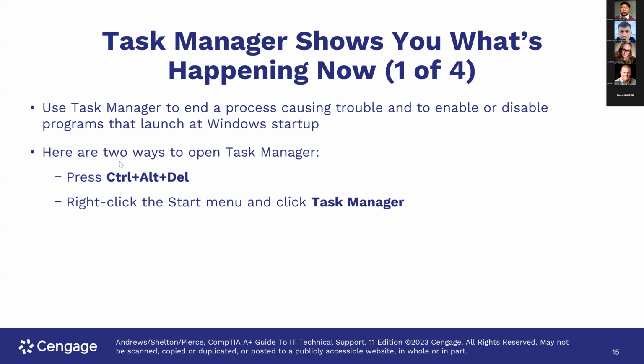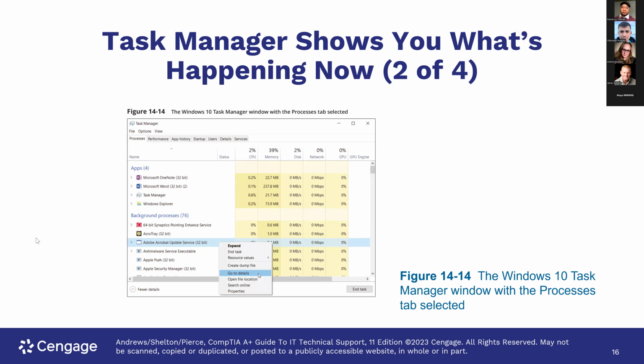The task manager shows what's happening now. You could check out some of these processes. Sometimes this works in terms of ending a certain program. So you're killing the process when you hit end task.